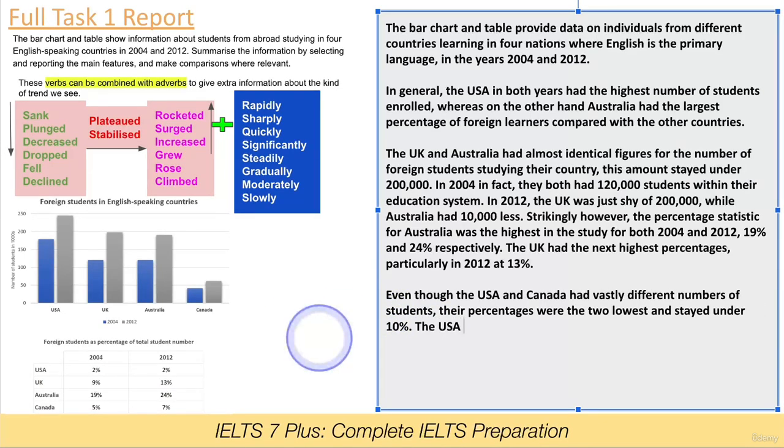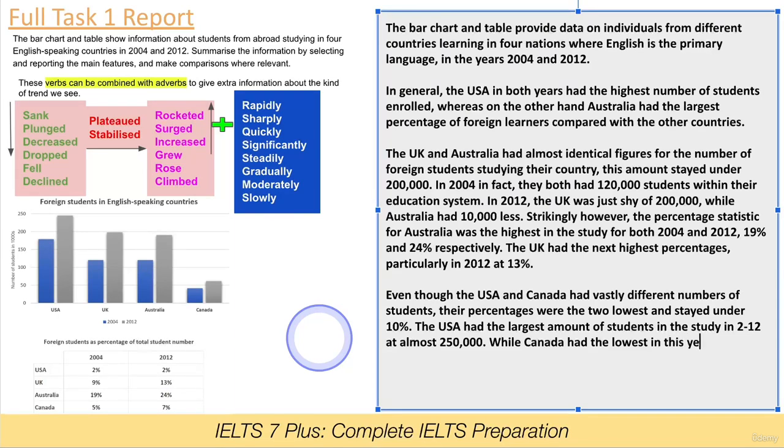The USA had the highest, or the largest, amount of students in the study in 2012 at almost 250,000, while Canada had the lowest in this year.